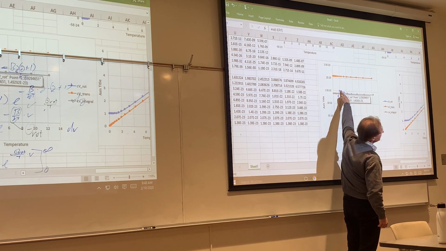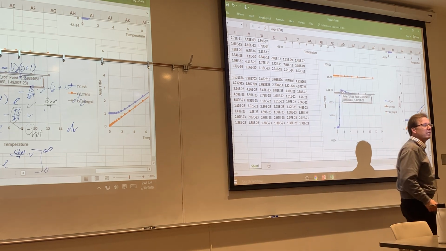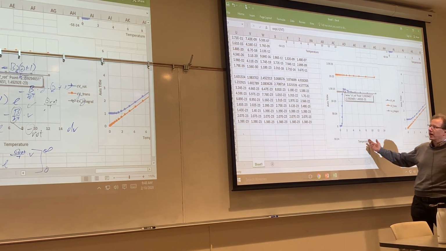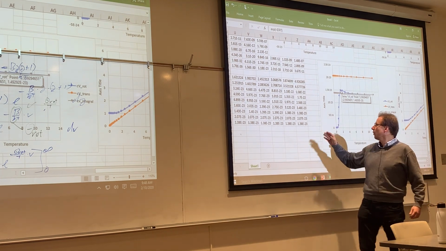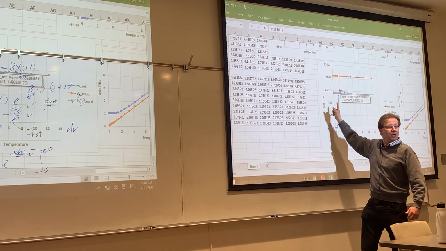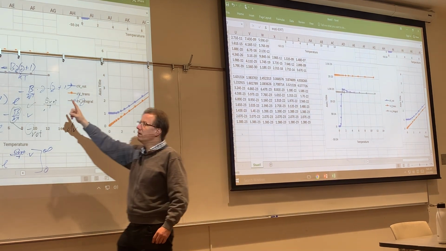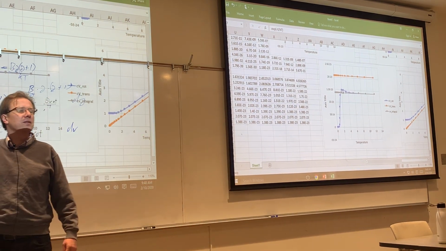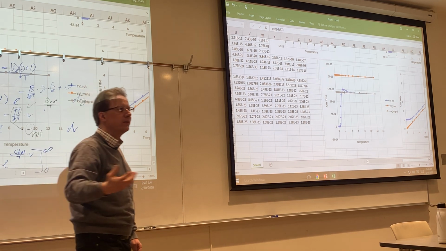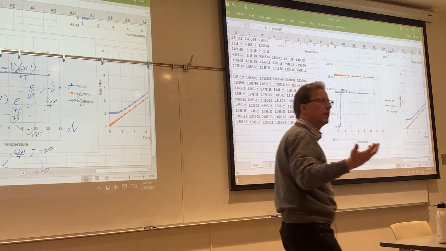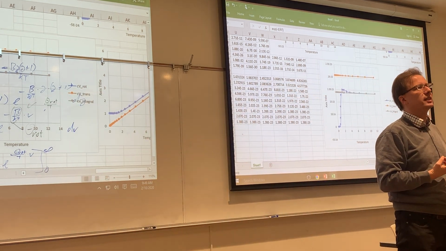That is like here, the characteristic temperature. So you can get the characteristic temperature from the step, and from the characteristic temperature you get the B, and from the B you can get the moment of inertia, and if you know the atomic masses, you can get from that the bond lengths as well.